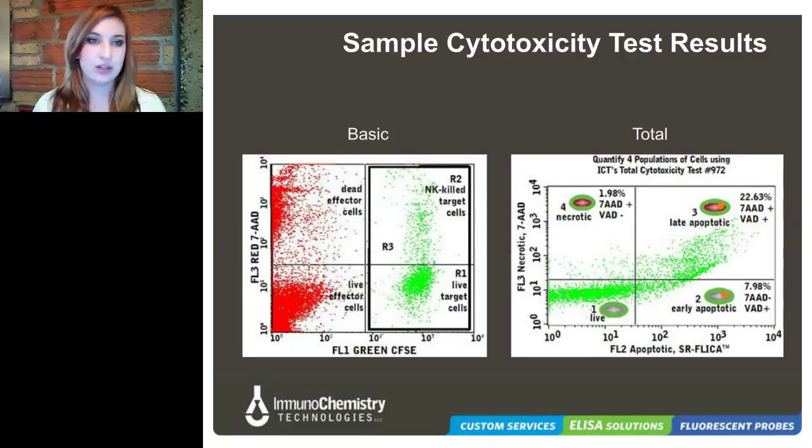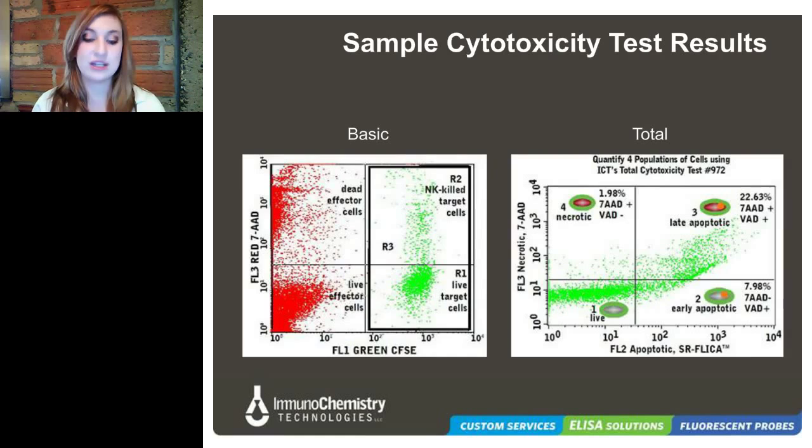So if we're going to use the total cytotoxicity test kit, we would be further analyzing the R1 and R2 quadrants from the basic to isolate the apoptotic cells. So the total cytotoxicity test plot at the right has been extrapolated from the R1 and R2 quadrants at the left.